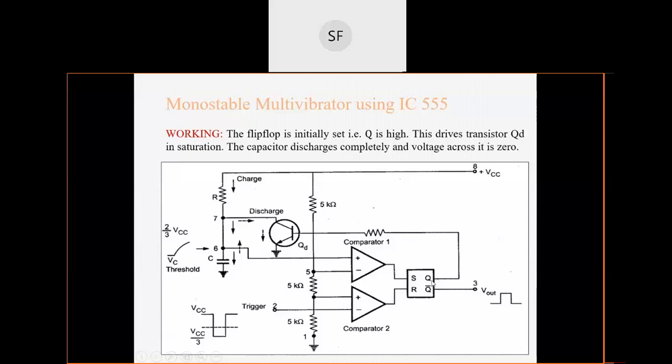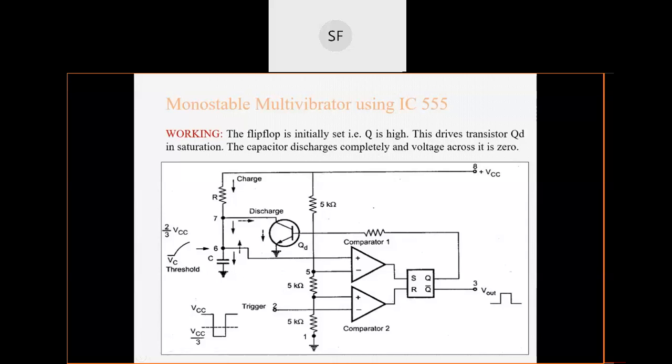So now when Q becomes 0, again the base will be 0. This transistor will be in cutoff region. So when it is in cutoff region, the current will not flow in this transistor, but current instead will choose the less resistive path, that is the path of capacitor, and hence again capacitor will start charging.